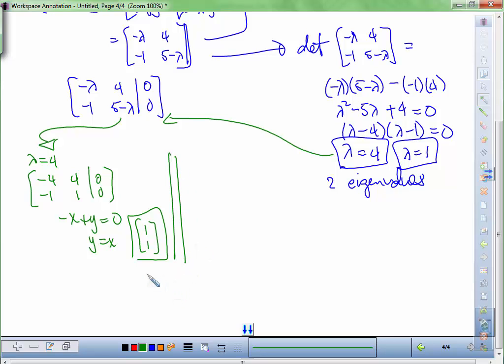Is that okay? 1, 1 is the eigenvector. So for lambda equal to 4, your corresponding eigenvector is 1, 1.